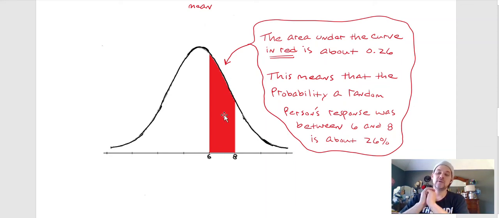And I will, in the next video, show you how to calculate that number also. That number happens to be about 0.26. So what that means is that the probability of a random person's response being between 6 and 8 on that questionnaire was about 26%.